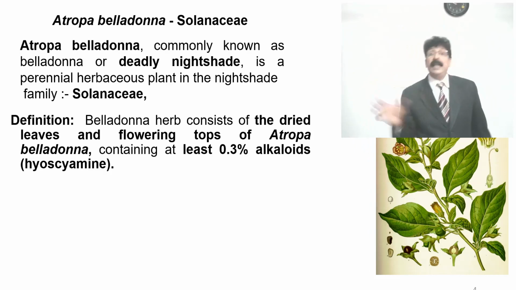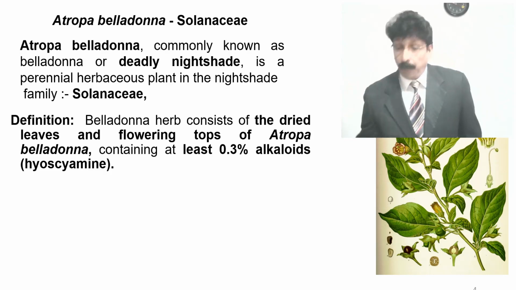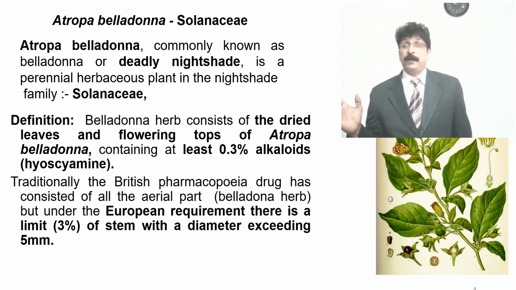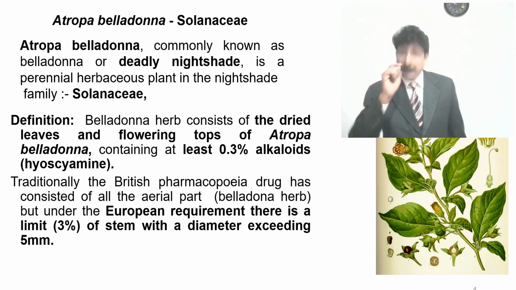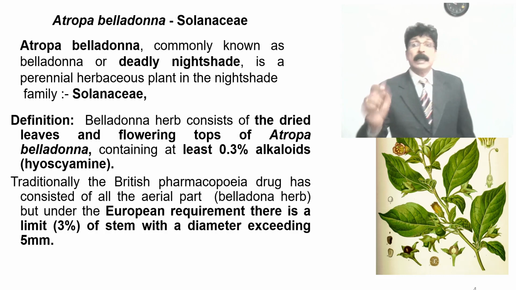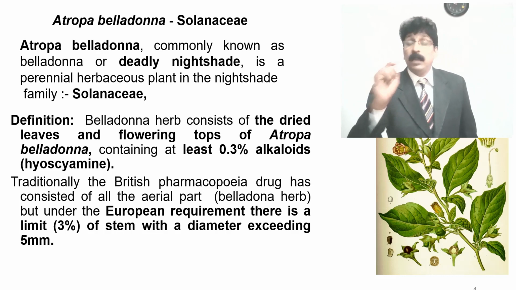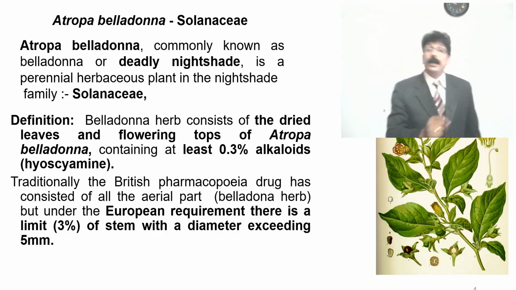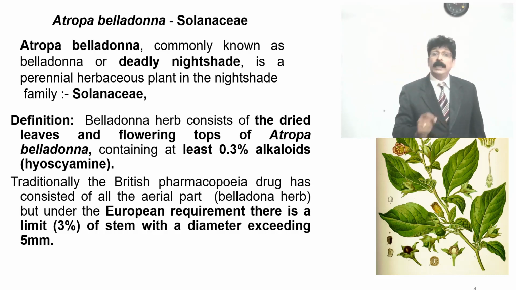Dried leaf, belladonna, flowering tops, Atropa belladonna. So you can see the shoot system is used for the medicinal purpose. Traditionally, in the British Pharmacopoeia, the drug belladonna consists of all the aerial part of the belladonna herb, but under European requirements, there is a limit of 3%.